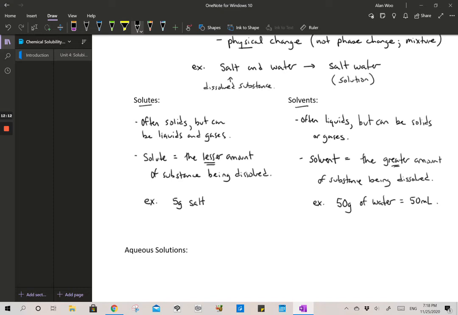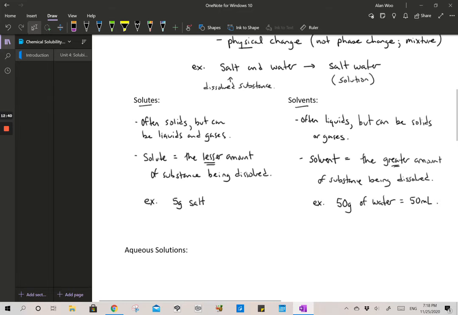If the numbers were reversed, if I have 50 grams of salt and only 5 grams of water, water would be the solute and salt would be the solvent. Okay? So it's always based on greater or lesser amounts of substances, because each substance can dissolve in each other. It's just that in everyday experiences, we often just find more solids dissolving in larger quantities of liquids.